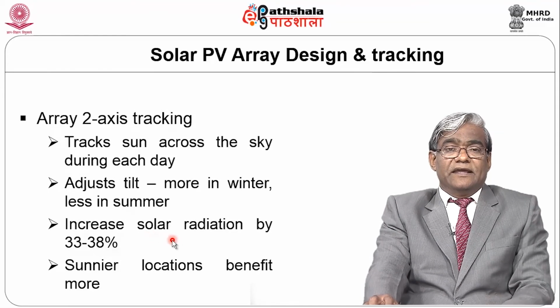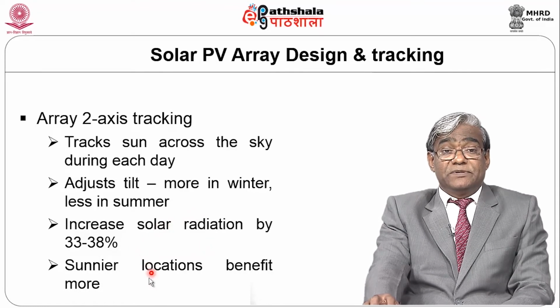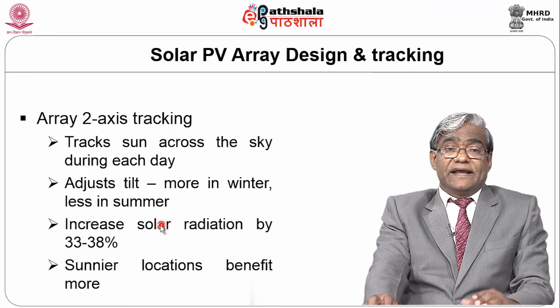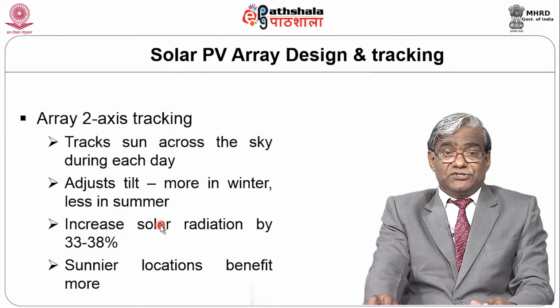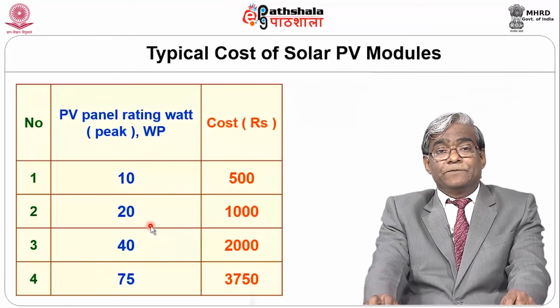And this is array 2 axis tracking. It tracks the sun across the sky during each day, and adjusts tilt more in winter and less in summer, increasing solar radiation by 33 to 38%. Sunnier locations benefit more. And when compared with single axis, when you go for a 2 axis system, the performance of the system again increases, in the order of 33 to 38%.